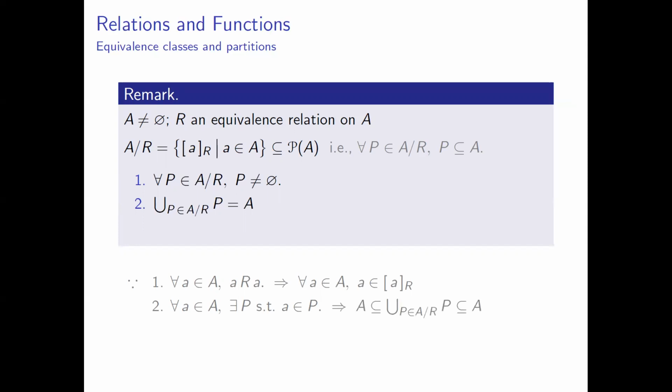Thus, A is a subset of the union of all sets P in A modulo R. Since this union is also a subset of A, equality follows. For any sets P and Q in A modulo R, either P is equal to Q or P and Q are disjoint. This follows immediately from the theorem in the previous slides.